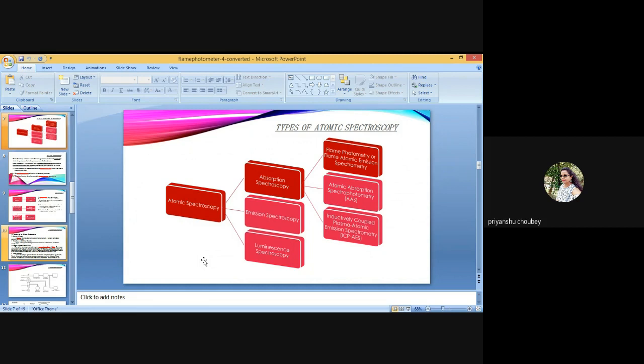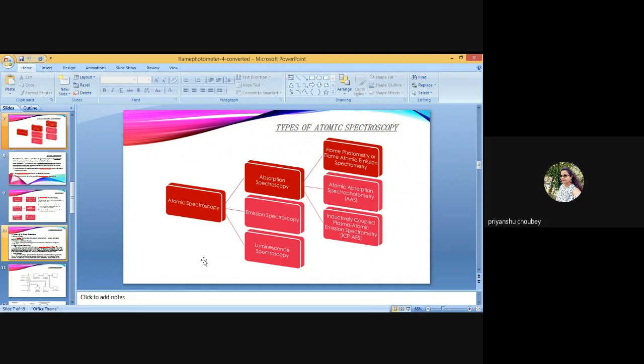The prevailing higher temperature in the plasma leads to complete vaporization, atomization, and excitation of the elements to be analyzed.